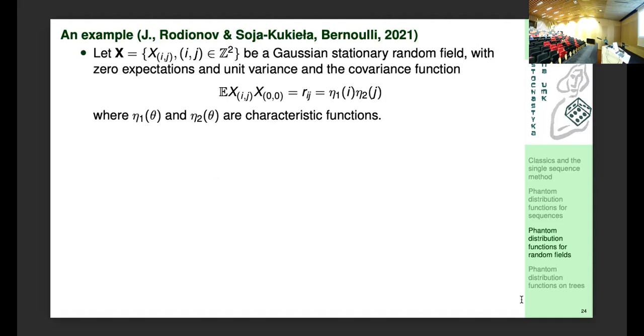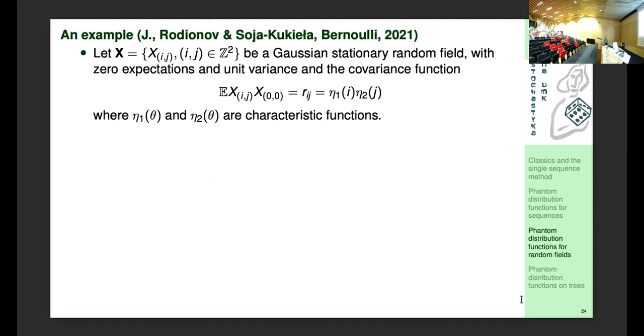We have an example exactly from the paper by Jakubowski, Rodionov, and Soja-Kukiewa. The previous theorem was also from this paper. This is published in Bernoulli 21, and we have a construction.